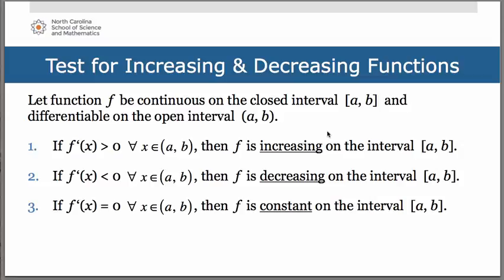If the derivative is negative, less than 0, for all x's in the interval from a to b, then f is going to be decreasing on the interval from a to b. Finally, if the derivative equals 0 for all x's in the open interval from a to b, then f is constant on the interval from a to b.